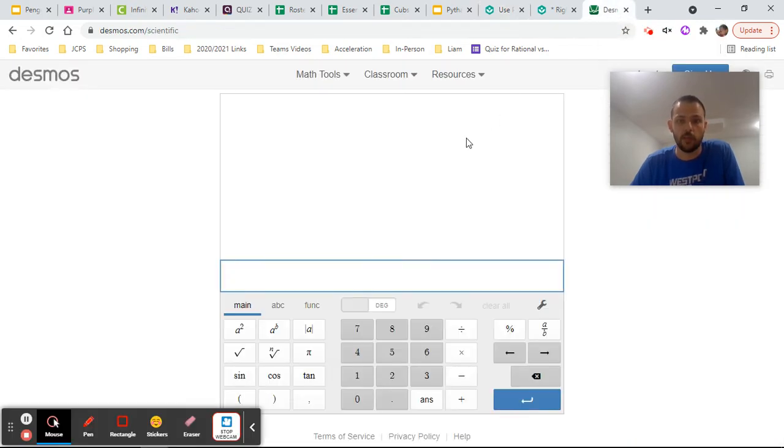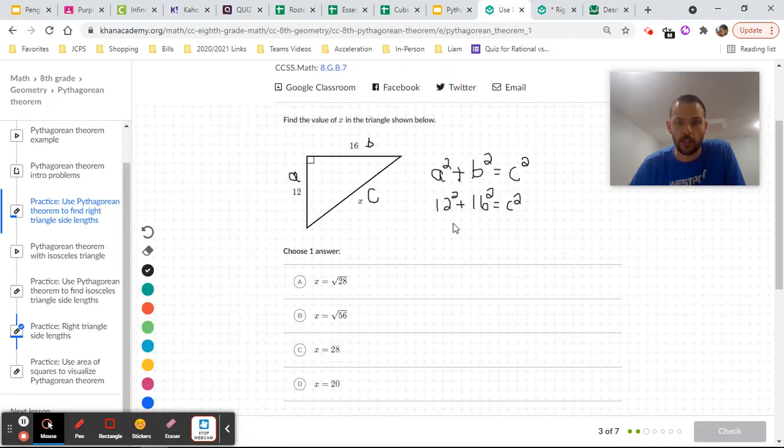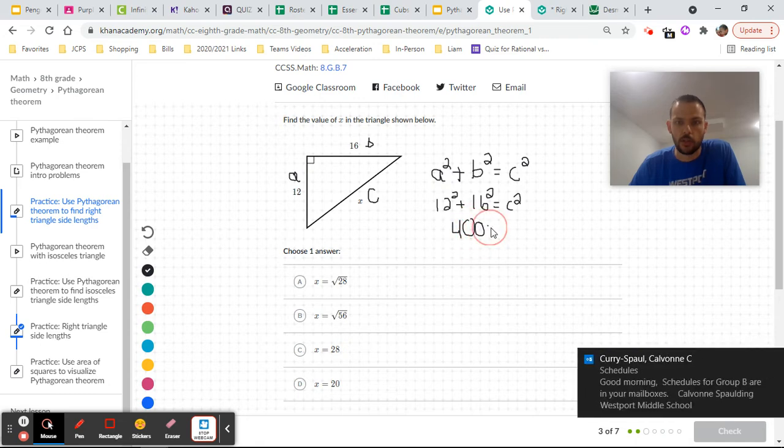When we get to testing, this is what you've got to use, so it's a good idea to go ahead and start using it. So we have 12 squared plus 16 squared. That is 400. So I'm going to come back here and put 400 equals C squared. All right, great.